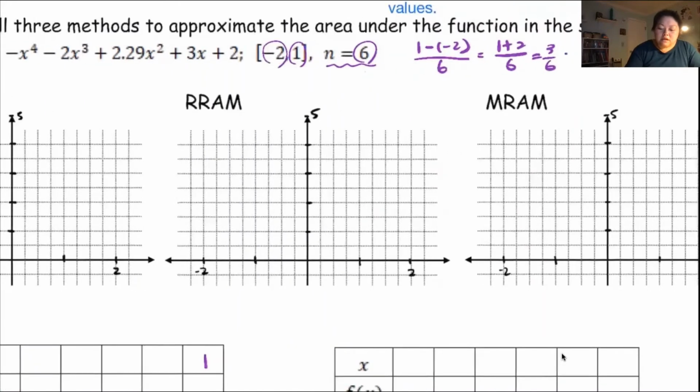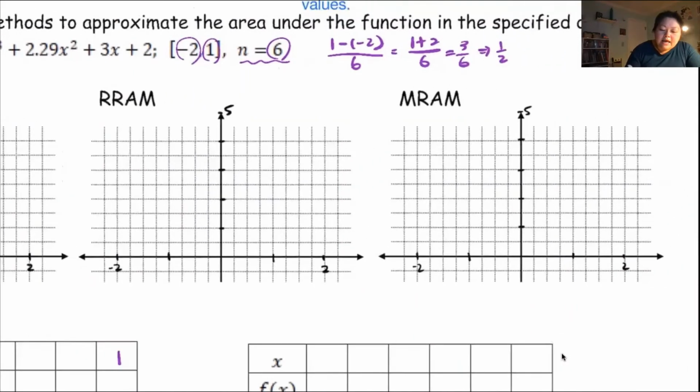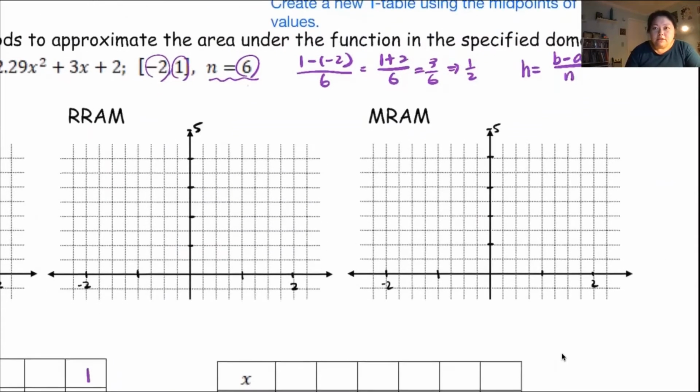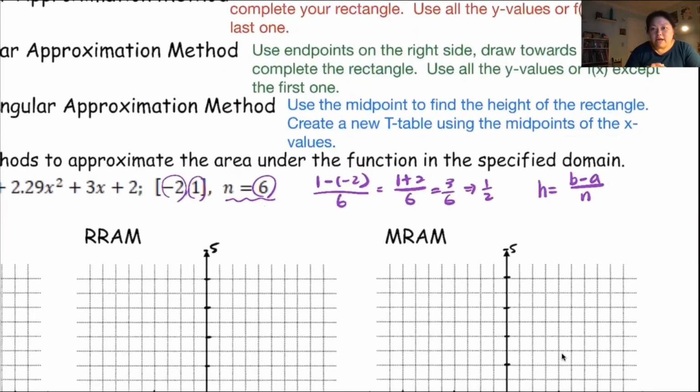That is 1/2, so 0.5. All right. Again, how did I get that? The length of your x values is simply b minus a over n, the number of boxes that you have. Okay. So it's b minus a over n, like so.